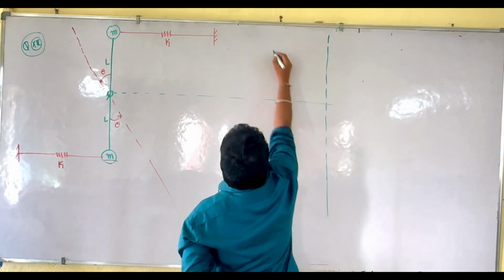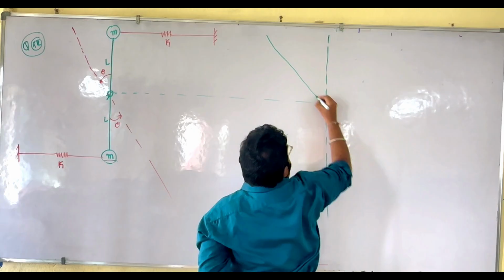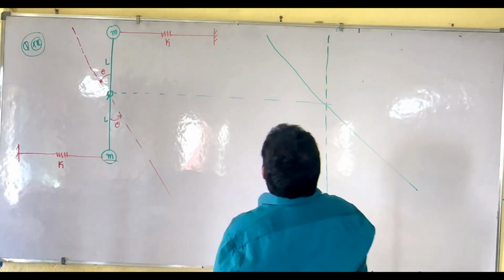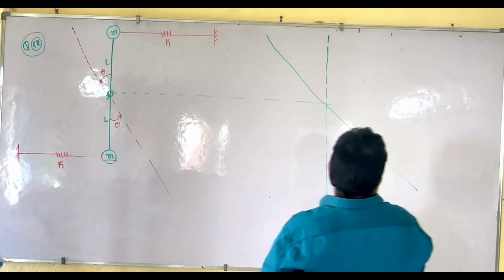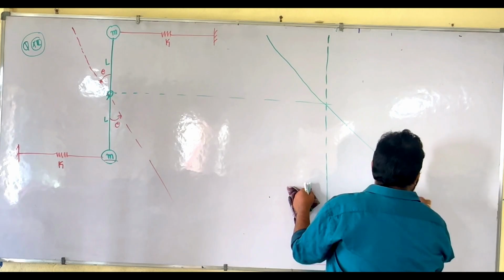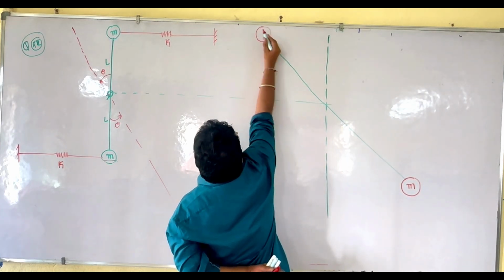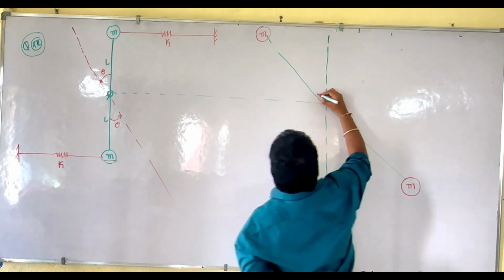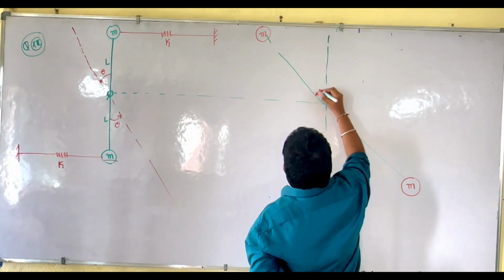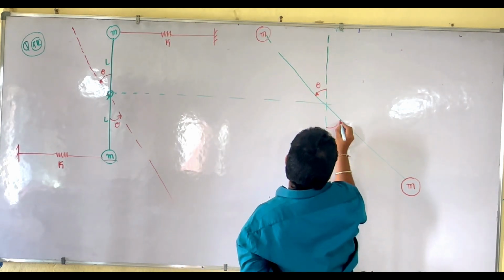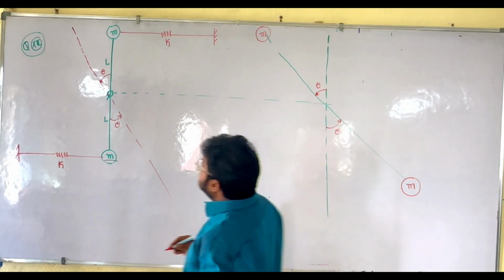See this. If I give this kind of disturbance, focus here. I am disturbing the system. This is the mass M. First focus on the element mass. This is the angular disturbance.